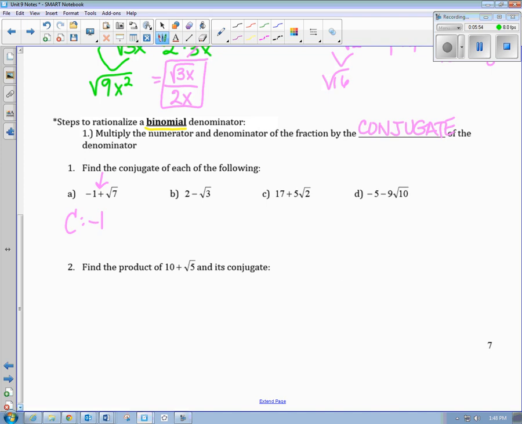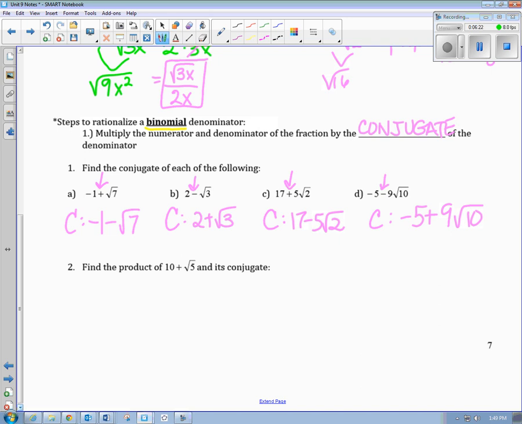So it's -1 minus radical 7. Easy as that. Number 2 is going to be 2 plus radical 3. Number 3, 17 minus 5 radical 2. And then D, -5 plus 9 radical 10. So the only thing we're doing on every single one of these is changing that middle sign.